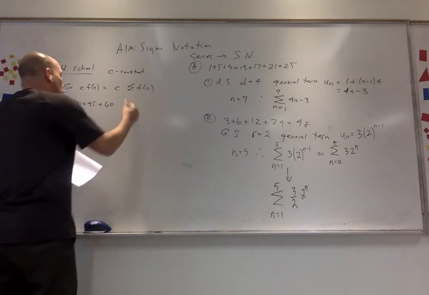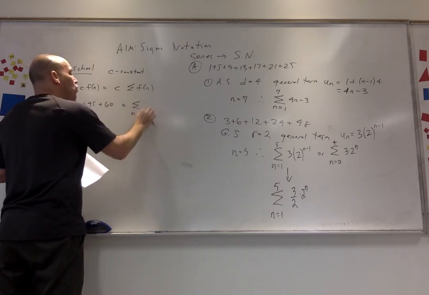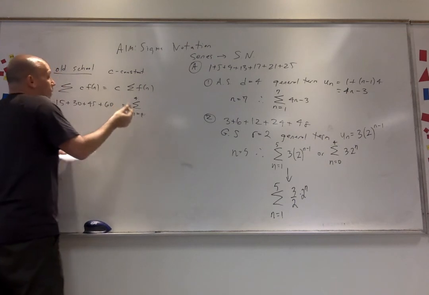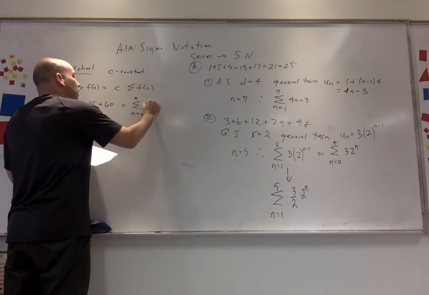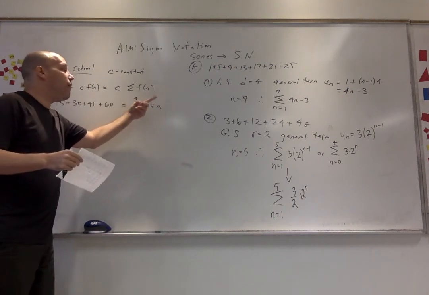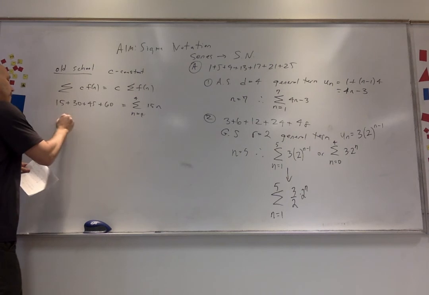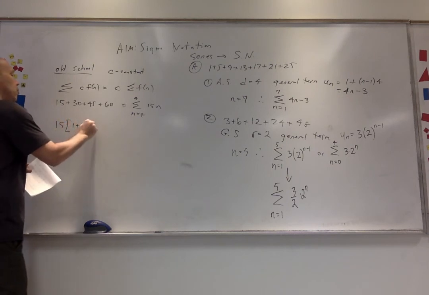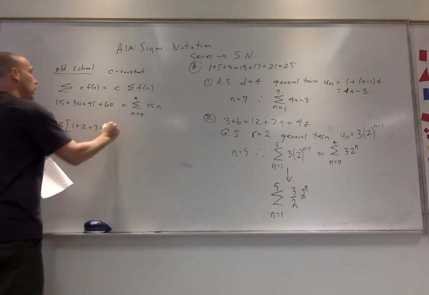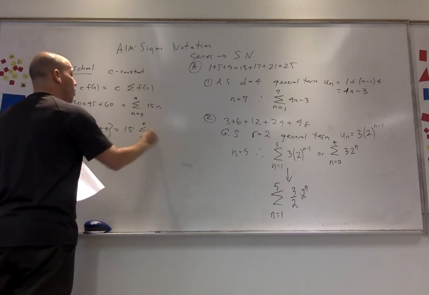So we know, just by inspection, that we have 4 terms, and we clearly see it's like 15n. So the first term is 15, 30, 45, 60. Well, let's say I factored out that 15: 1 plus 2 plus 3 plus 4. I know that I have 15 sigma n equals 1 to 4 of n.